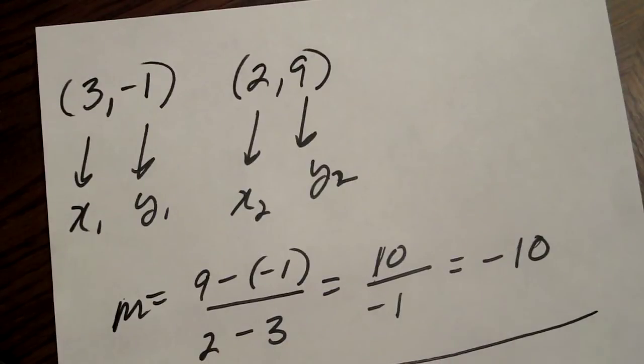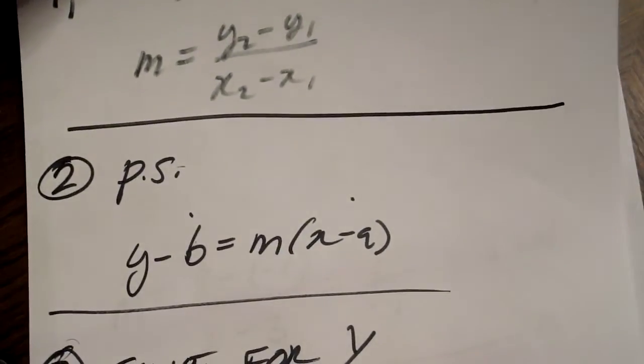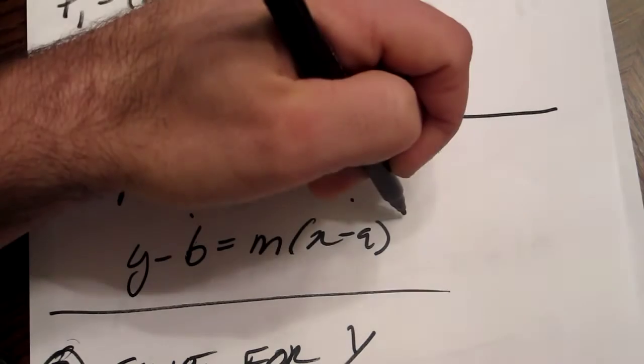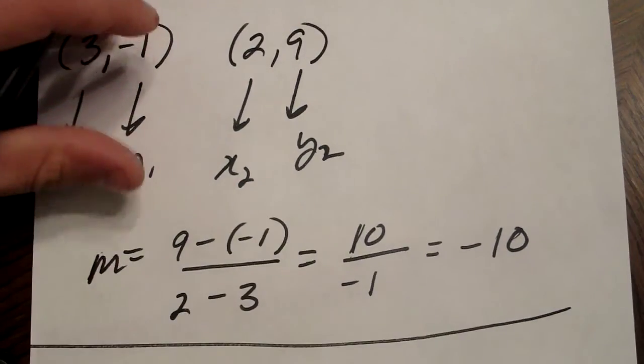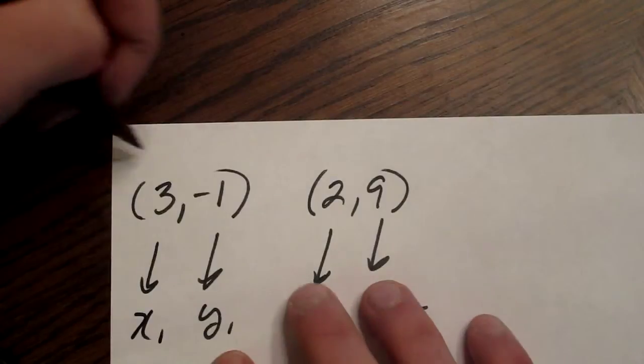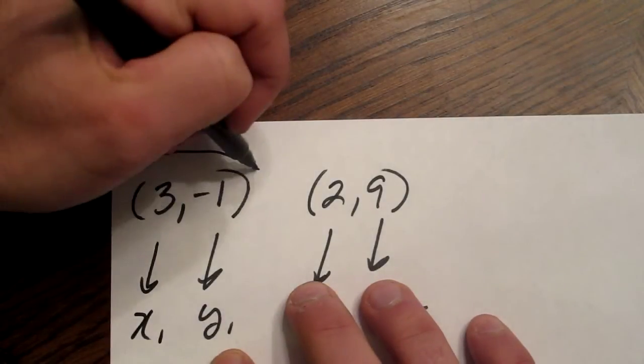So now for the next step is using the point slope formula. We're going to put it in this form here using one of the points. We're just going to pick one. You'll get the same answer regardless of which point you choose. So we'll just use, say, 3, minus 1.